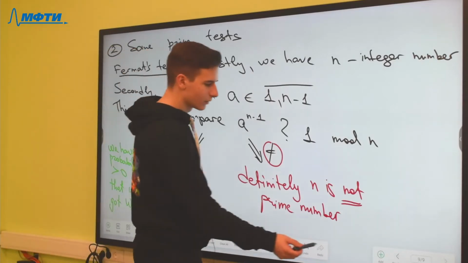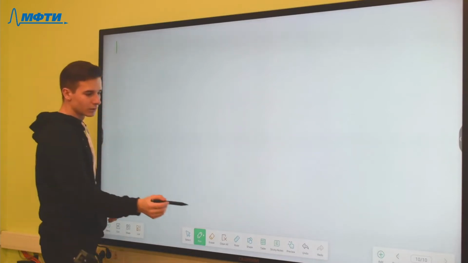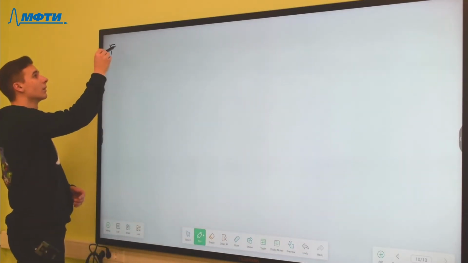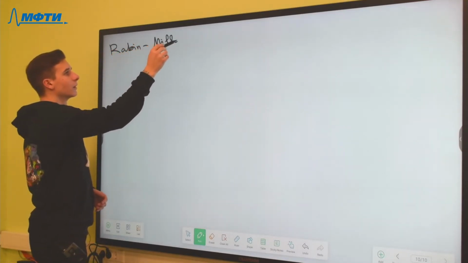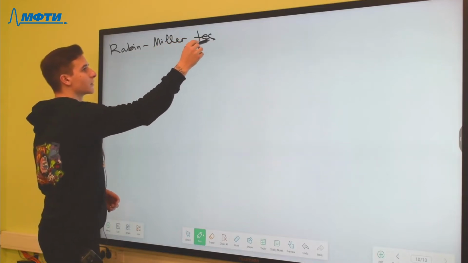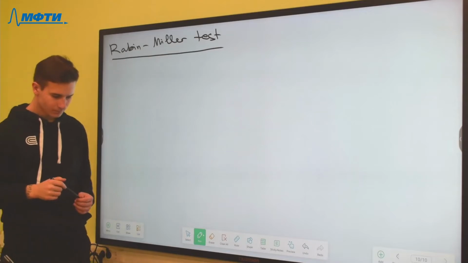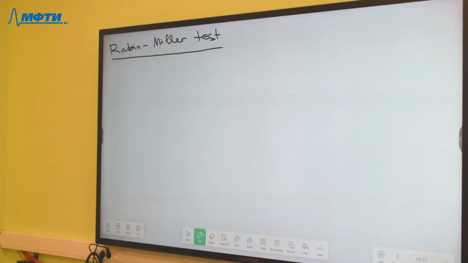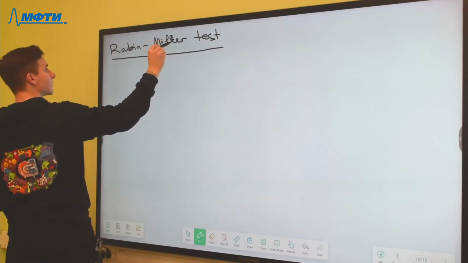For example, there is a second test with the name Rabin-Miller test, or Miller without the second L.